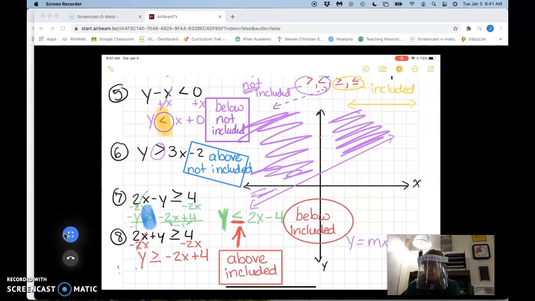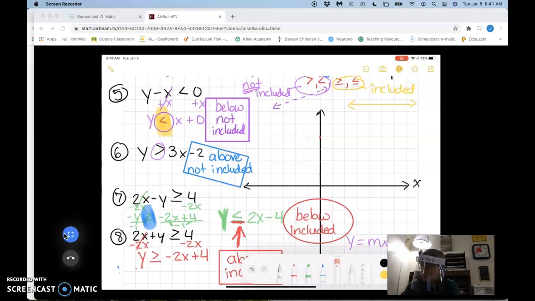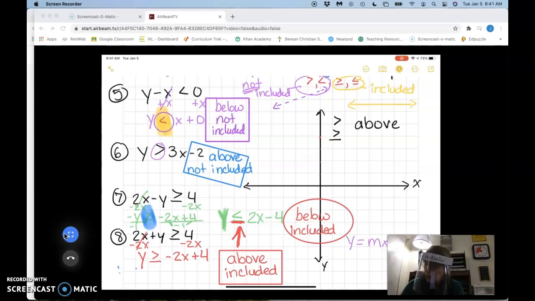Okay? So I'm going to write a couple notes over here real quick. So remember, if it is greater than or equal to, it's going to be above the line.